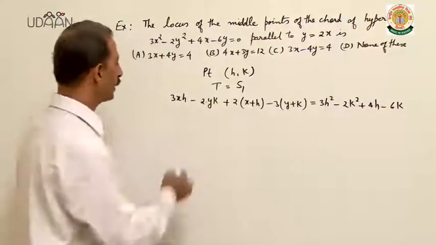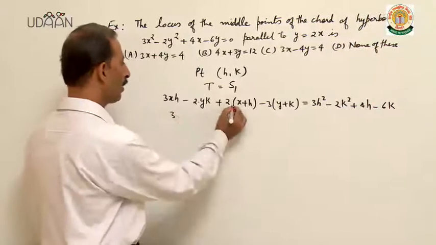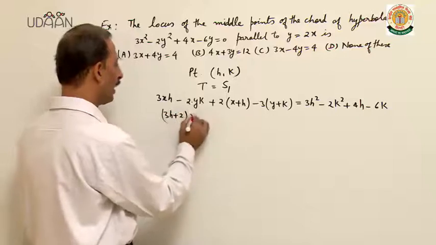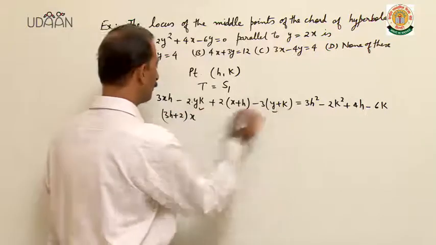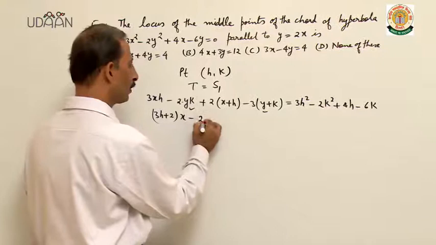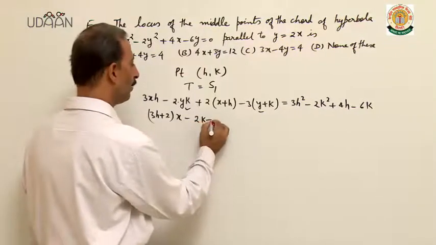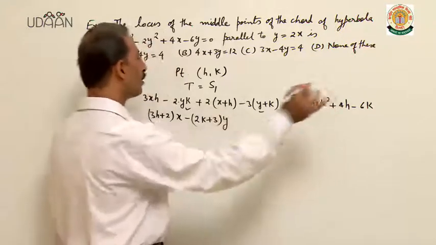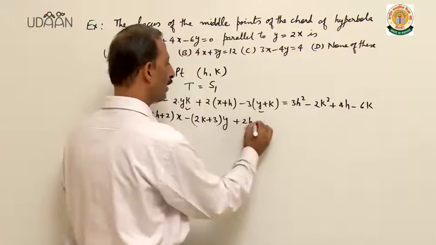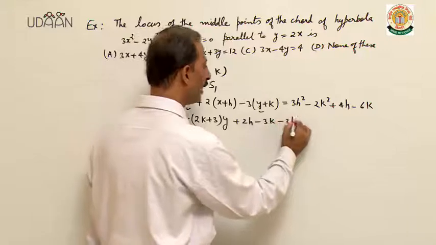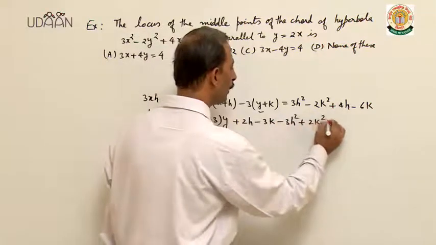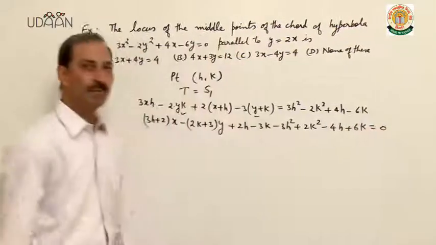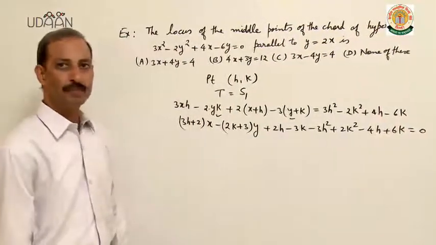Simplify this, you will get (3h plus 2) times x and y terms minus common (2k plus 3) times y. Now constant terms: 2h minus 3k minus 3h square plus 2k square minus 4h plus 6k equal to 0. All these are constant terms.